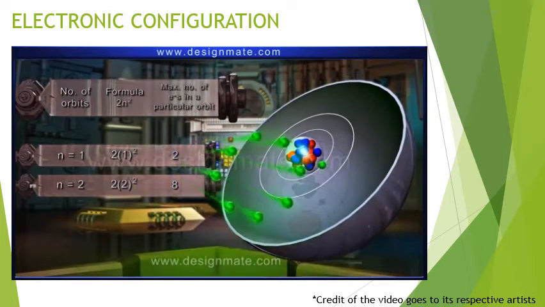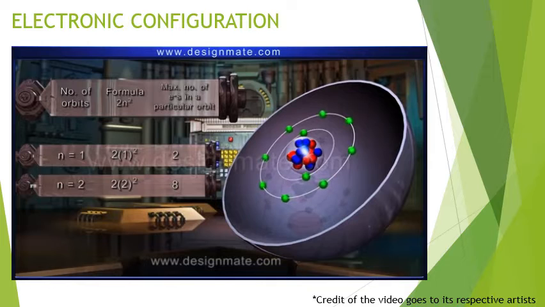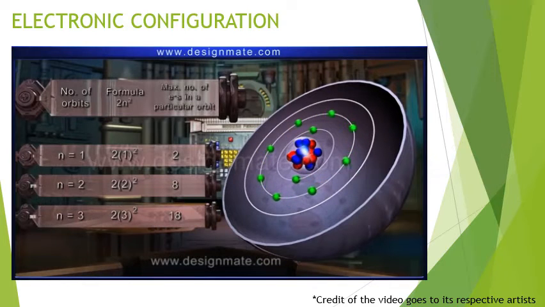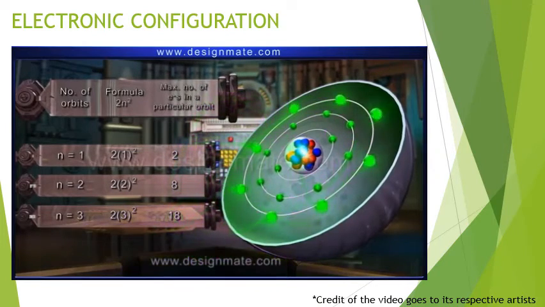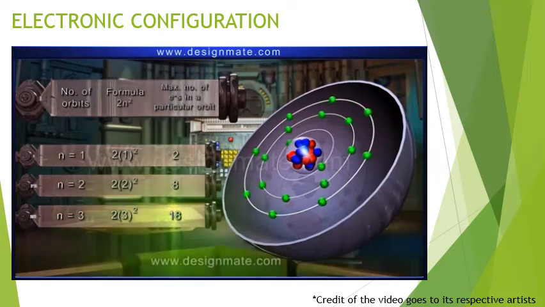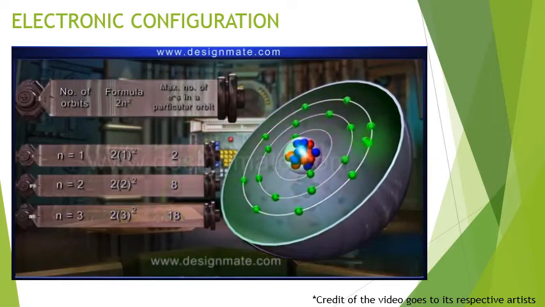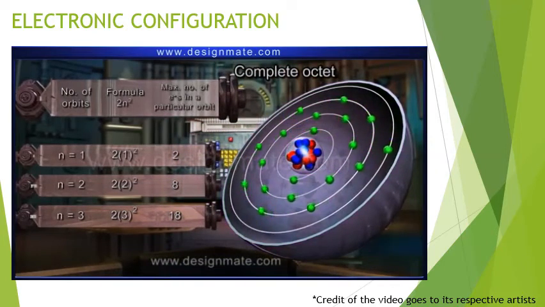Hence, the maximum number of electrons that can be accommodated in the second orbit is 8. Although the third orbit can be occupied by a maximum of 18 electrons, when 8 electrons are occupied in the third orbit, a certain degree of stability is given to the atom. Hence, the next electron, instead of entering the third orbit, goes into the fourth orbit.